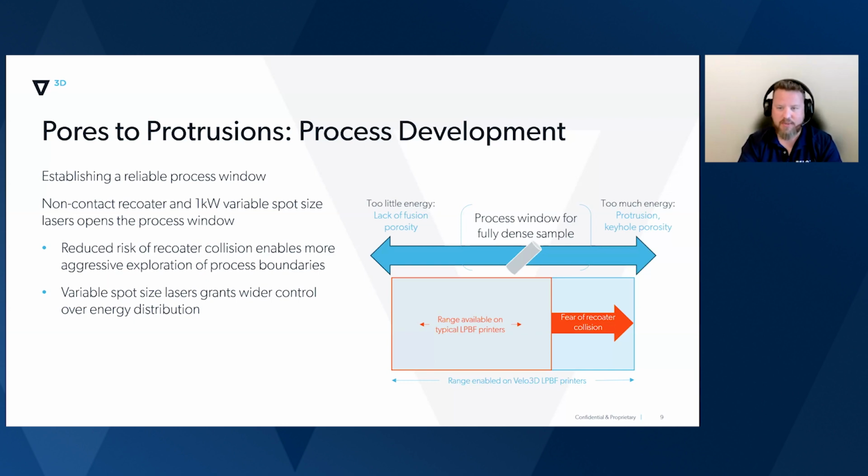And on two ends of the spectrum here, you typically have too little energy, where you run into problems of lack of fusion porosity. And then on the exact other end of the spectrum, where you put too much energy down, you might start overheating your substrate, leading to keyhole porosity. So having the ability to park your process somewhere in between the two is the goal of our technology for our users.